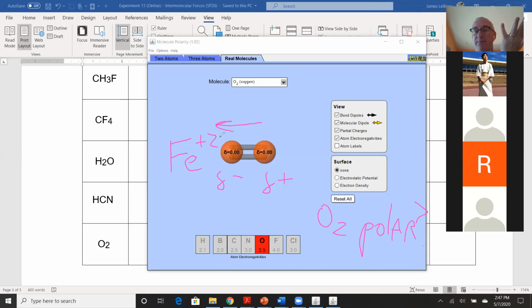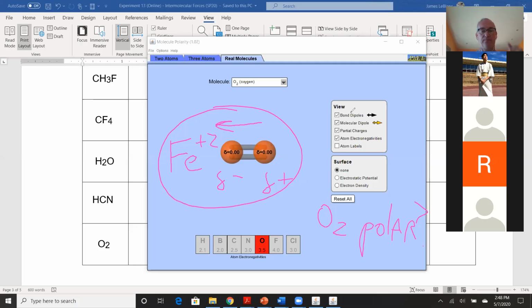If there's no bond dipoles, it's nonpolar. And in the presence of iron, it's forced to become polar very slightly. But that is an induced dipole. And when it's released from iron, it becomes nonpolar again. It's only when it's in the presence of a strong charge or another dipole that it becomes polar.